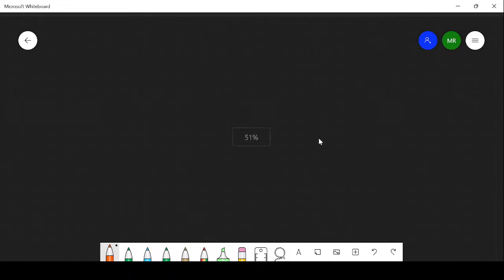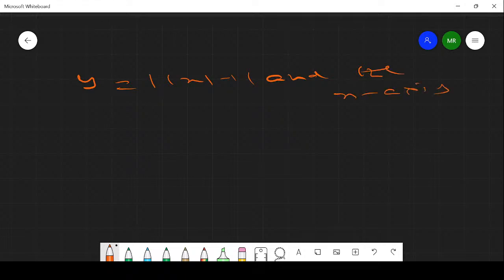Yeah. y is equal to modulus of mod x minus 1, and they're asking for the area with the x-axis.